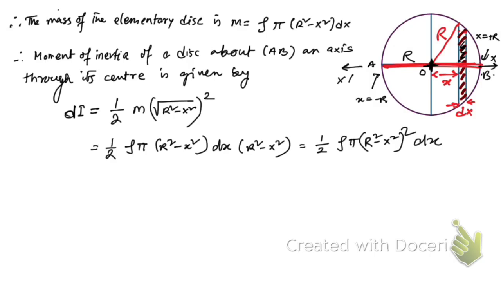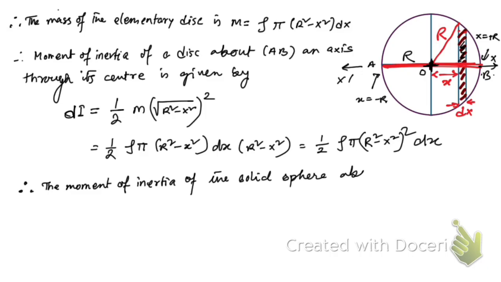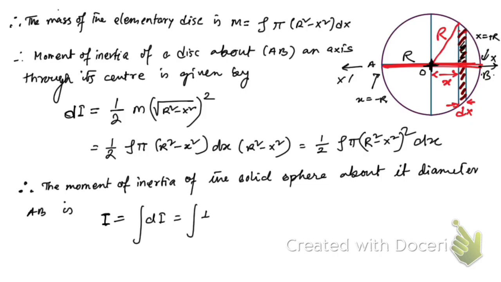So the moment of inertia of the solid sphere about its diameter AB is I equals the integration of dI, that means the integration of half rho pi (r square minus x square) whole square dx, integrated from minus r to plus r. Hope you have understood this.